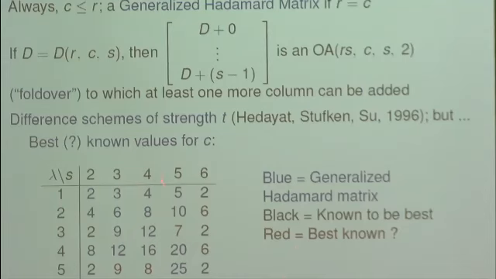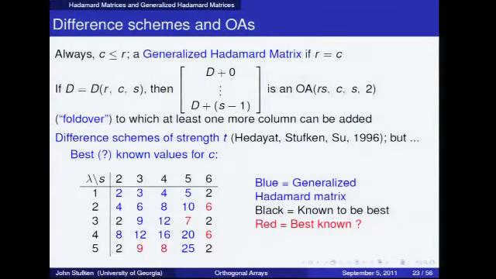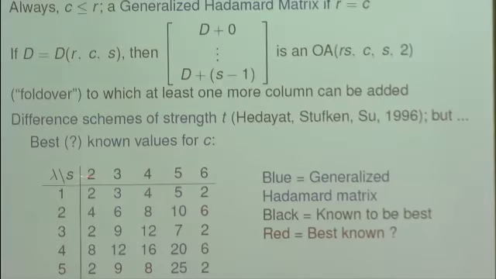could make a difference. Here's a little table about the existence of difference schemes, giving, as far as I know, that's the question mark here, the best values for the number of columns for difference schemes. So you see with two symbols, if lambda is 1, then the best value is 2.